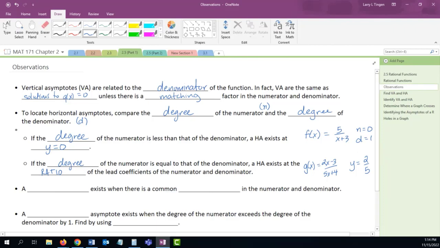And then the last thing I said: there's a hole when there is a common factor in the numerator and denominator. Let me give you an example of that.